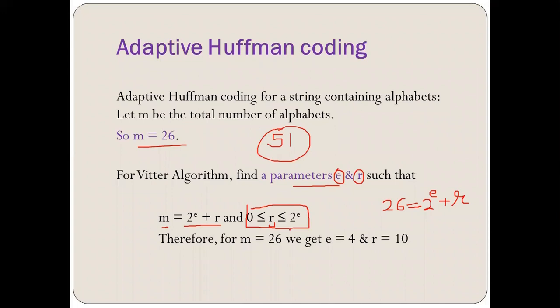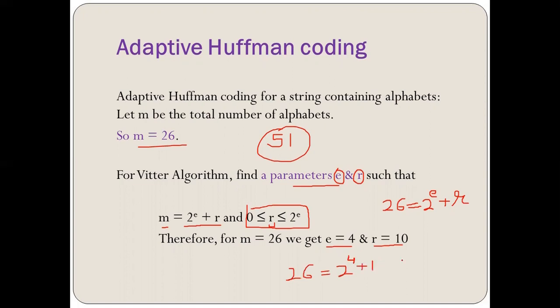So here we can see that we have found E is equal to 4 and R is equal to 10. Let's see whether this particular condition is being fulfilled or not. We can start with 2 raised to the power E, that is 26 is equal to 2 raised to the power E, which means 2 raised to the power 4, plus R, which is 10.